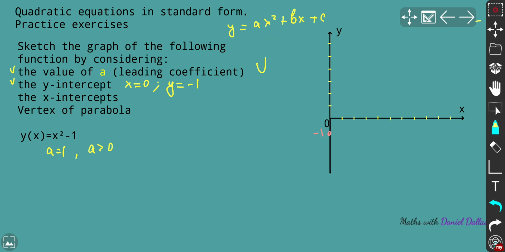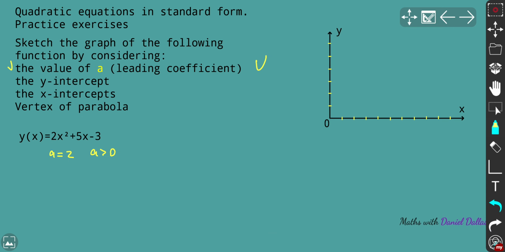The next stop is here. We need to find the y-intercept. In our case, we also say that x is 0, and this is the free coefficient c. So this c signifies the y-intercept, so the y-intercept is negative 3.